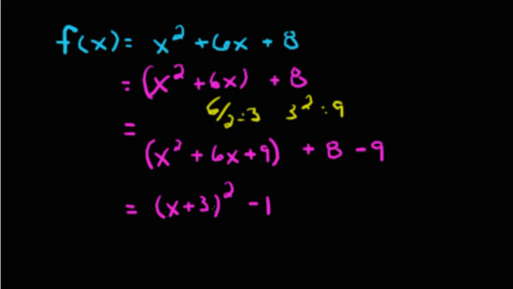So that's how we would express this equation. We would go from standard form to the vertex form. And here we can see that the vertex would be at the point -3, -1.